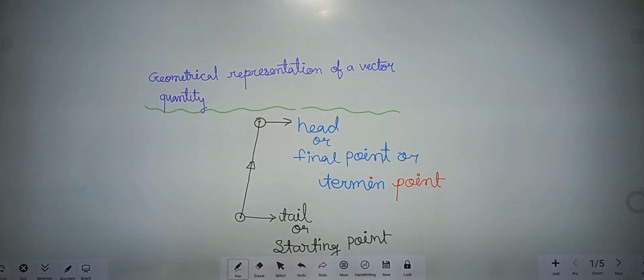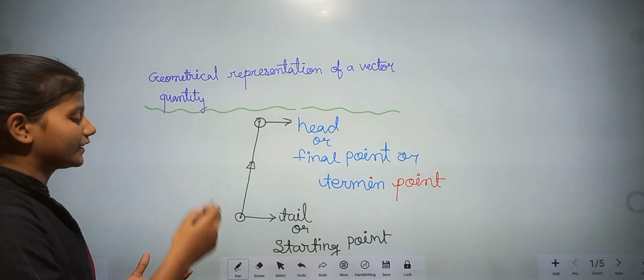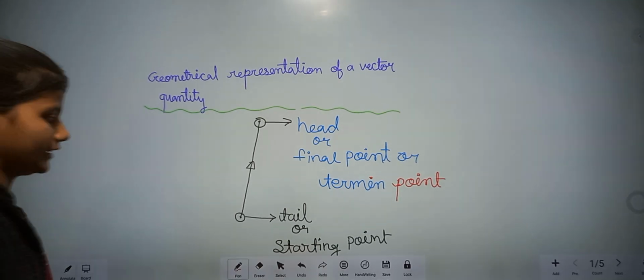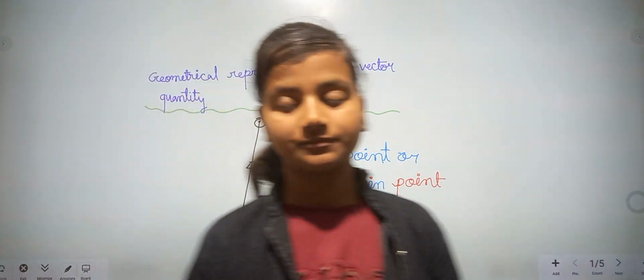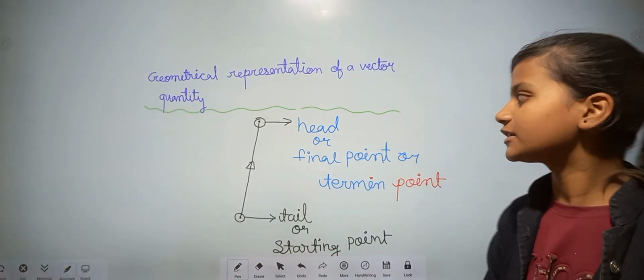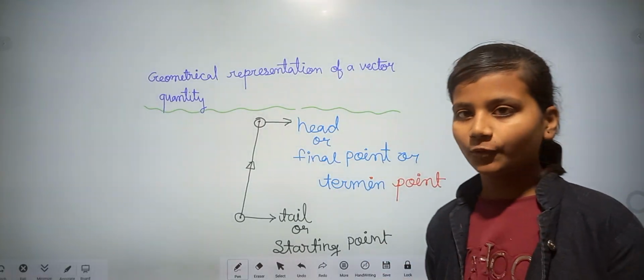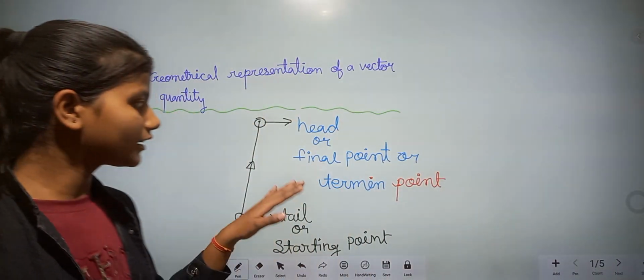So this is called a geometrical representation of a vector quantity. This point is called tail, starting point, or initial point, and this point is called head, final point, and terminal point.